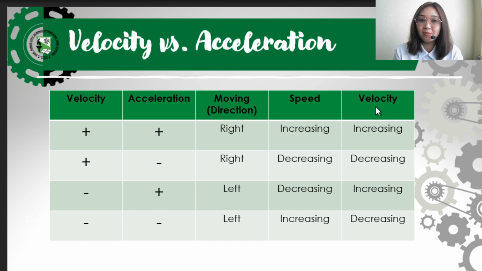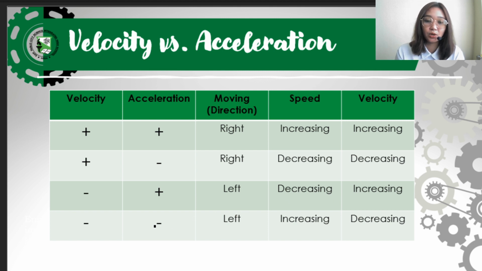Speed is the magnitude of velocity. Velocity requires direction. If an object has positive velocity and positive acceleration, the object is moving to the right, with increasing speed and increasing velocity. Second, if the velocity of an object is positive and its acceleration is negative, the object is moving to the right, so it has decreasing speed and decreasing velocity.